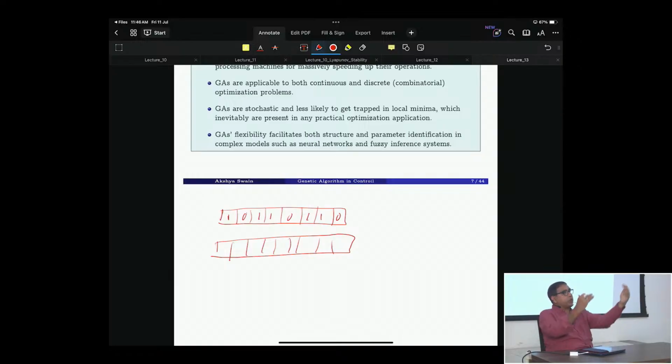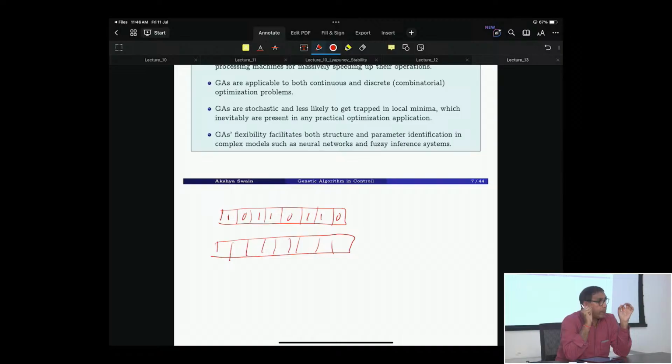That means your possible solutions are between, forget about negative numbers, say 0 to 15, or depending on negative numbers, it doesn't matter. So chromosomes are the possible solutions. And the solutions are actually real, no doubt about that. They are numbers, right? But we encode them as a binary string, because we will see later why we are using binary strings.